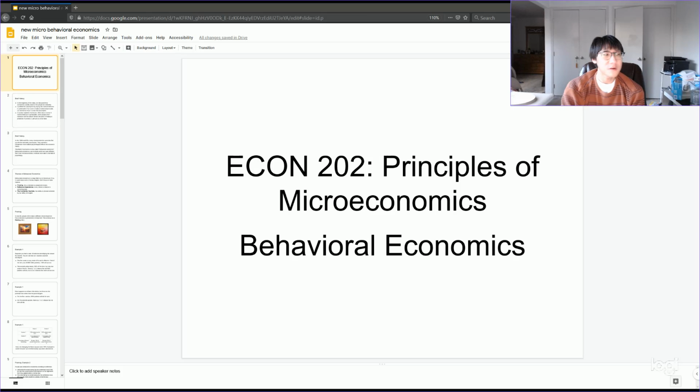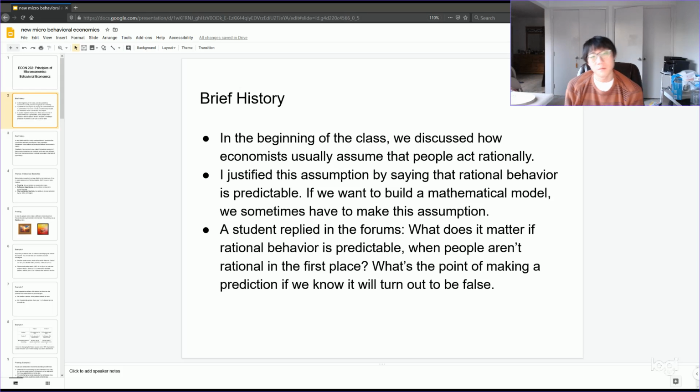So let me give you guys a bit of history. Behavioral economics as a field really started in the 1980s and 90s. And the genesis of this really was the rationality assumption. At the beginning of the class, I talked about how economists usually assume that people act rationally.